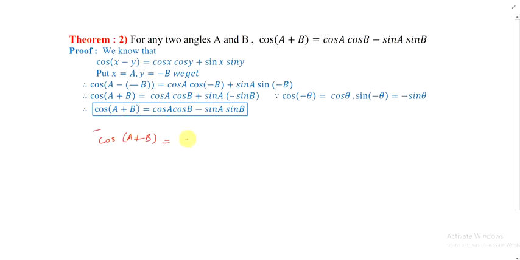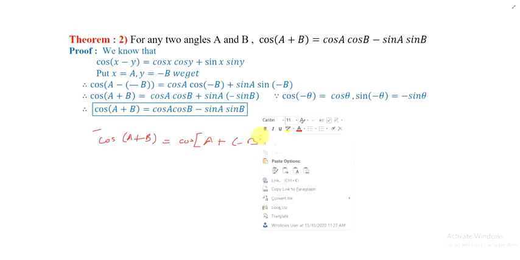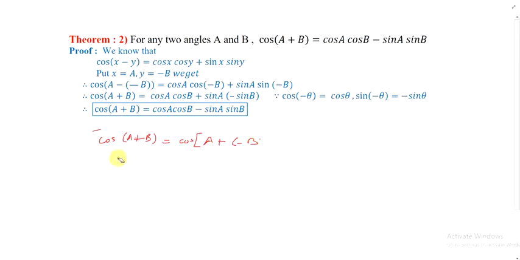We can write the same term as cos(A minus minus B), that is, this minus becomes plus again, isn't it?